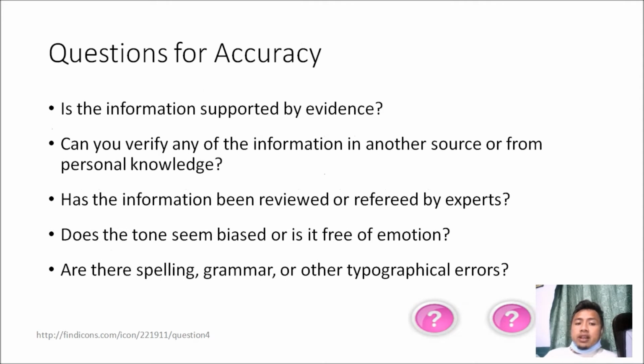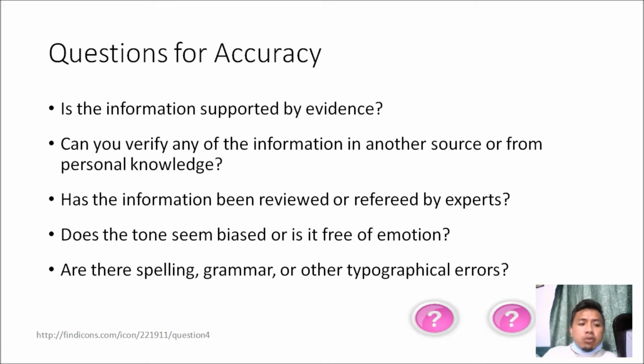And accuracy: the data provided within a news article, is it reliable? How accurate is the information? You can always check with the original source from where the data come. Has anything written been reviewed or revised by a subject expert?